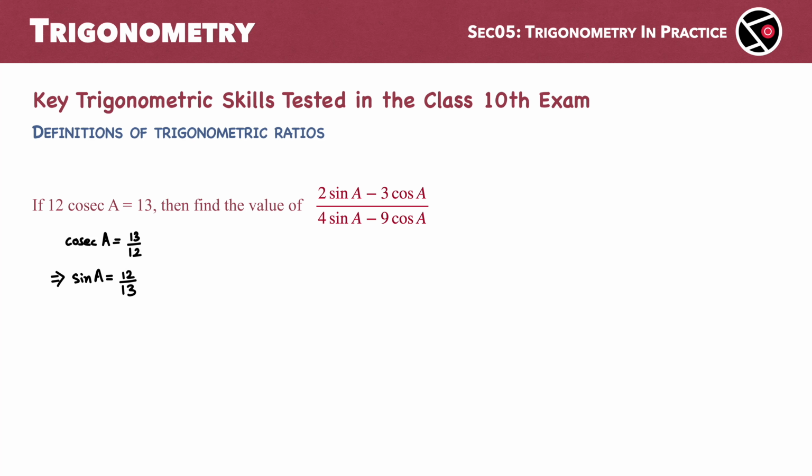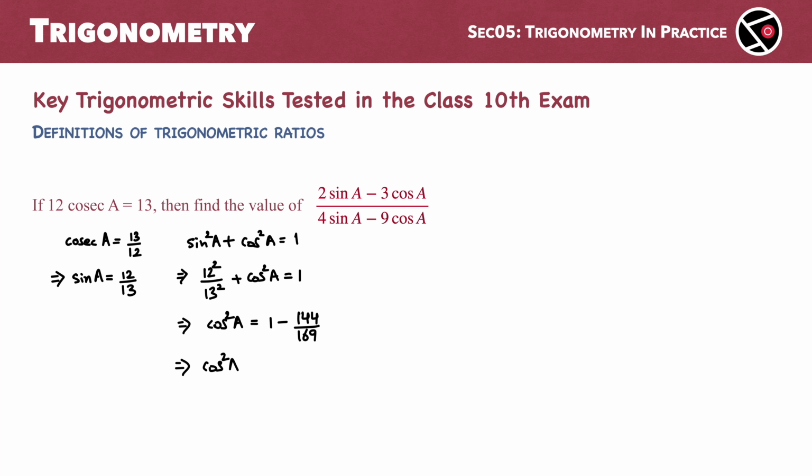Now we use this identity. Sin square A plus cos square A equals 1. Plugging in the value of sin A, we get cos A equal to plus minus square root of 25 by 169.